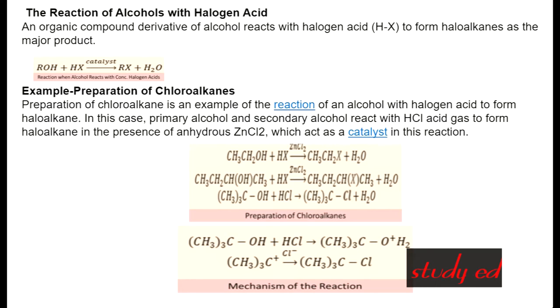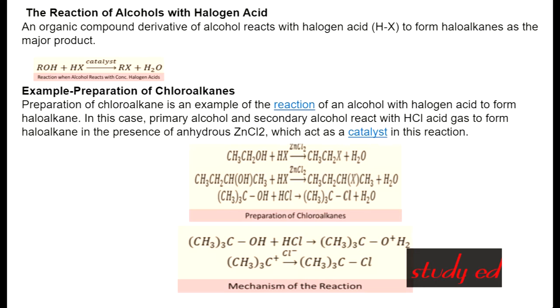Now the alcohol can be primary, secondary or tertiary. We already know that when primary and secondary alcohols react with halogen acid, they give rise to unstable primary and secondary carbocations.